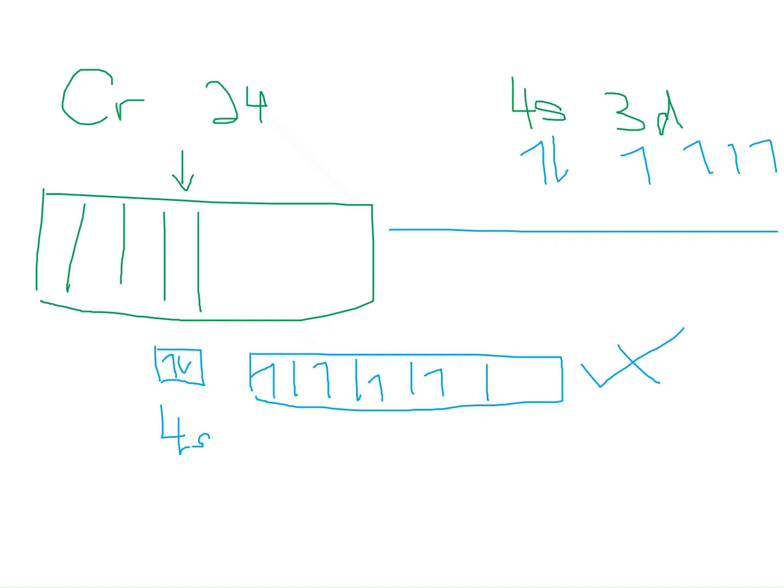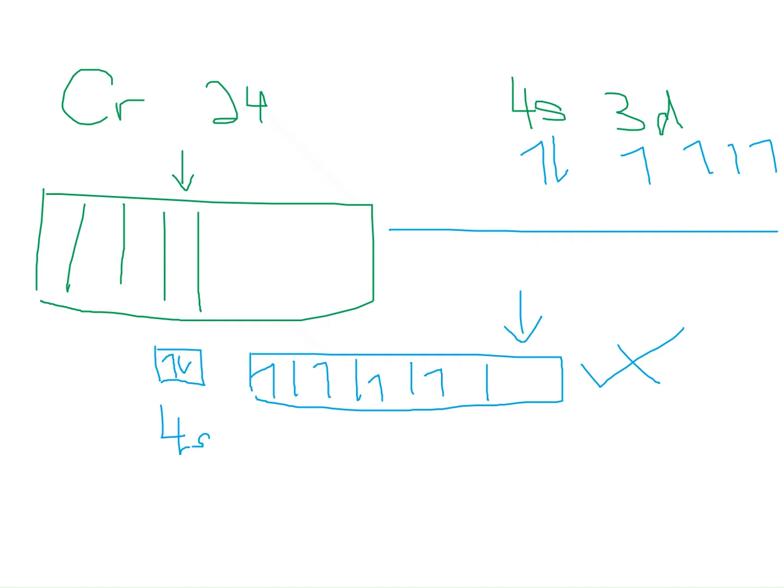Now looking at this example here, the electron arrangement according to the Aufbau principle is correct. However, it's not stable. Why? Because there's still 1 room left to be filled so that the electron configuration will achieve stability by making sure that this d orbital is half-filled.